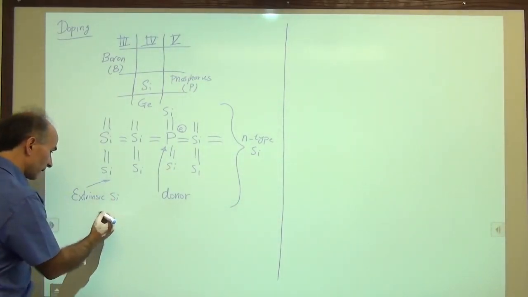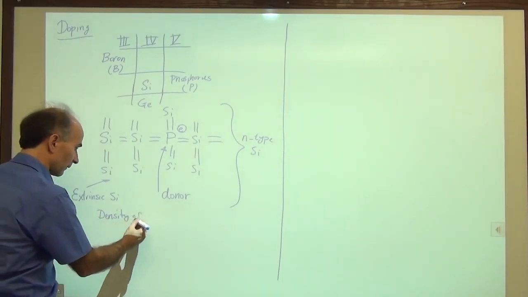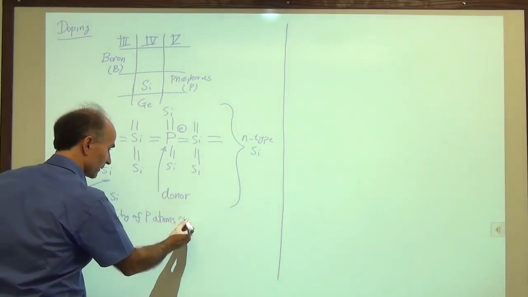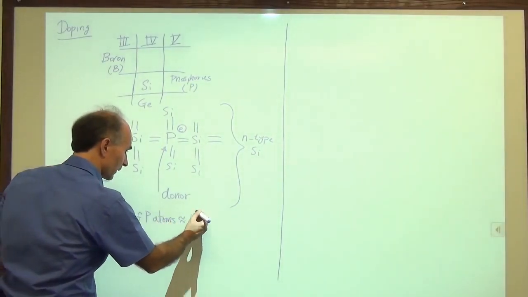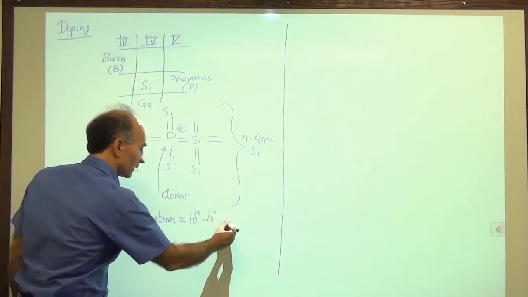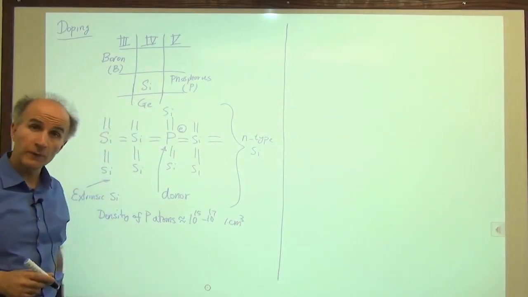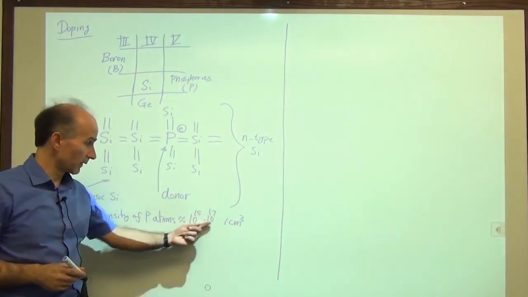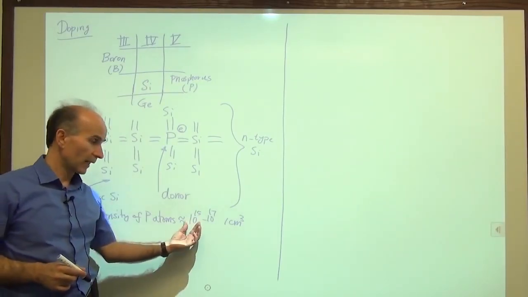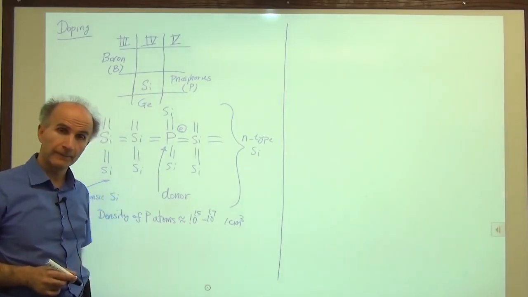The density of phosphorus atoms is about 10 to the 15 to 10 to the 17 per cubic centimeter. So when we dope silicon, typically we choose a number in this range, depending on what we're trying to do. This is considered lightly doped. This is called heavily doped.